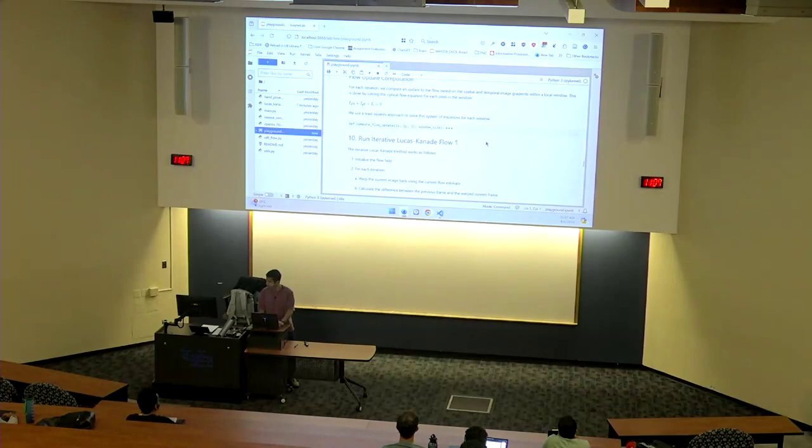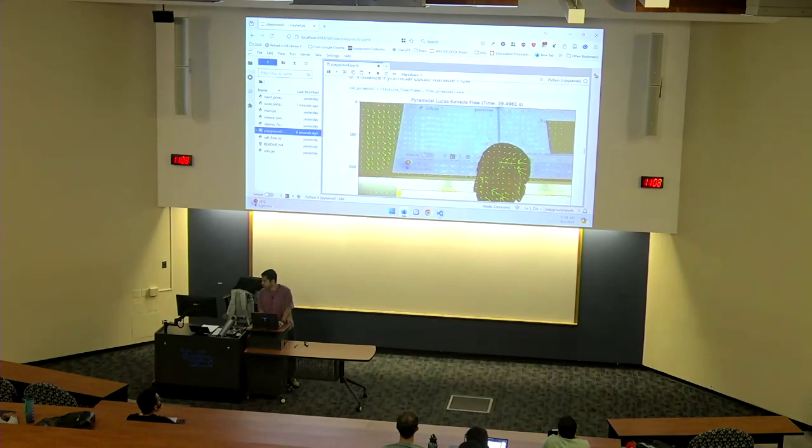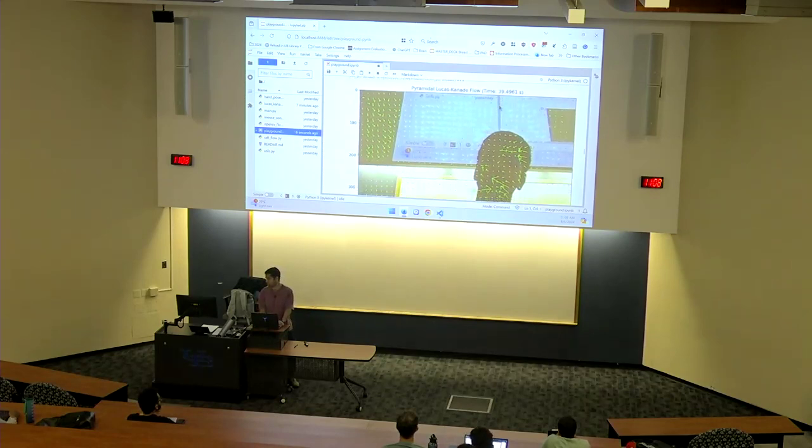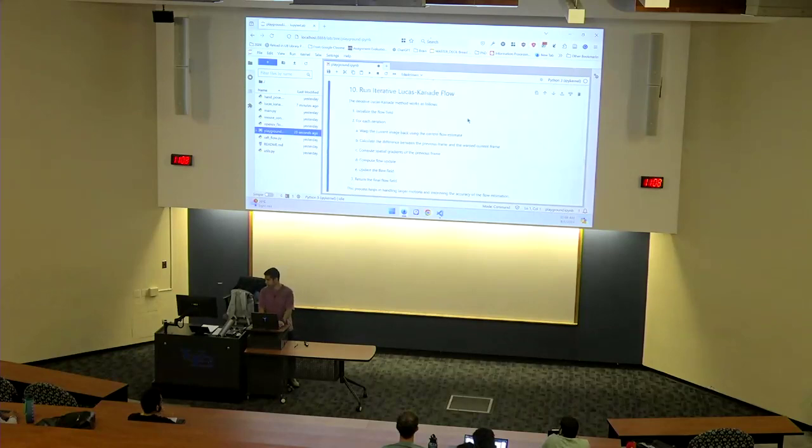And then it's still slow. It took longer than the naive one, because obviously we have more computations for calculating flow at multiple scales, as opposed to just doing it for the single one. So to deal with that, we sort of break the problem down and do it iteratively instead of all at once.